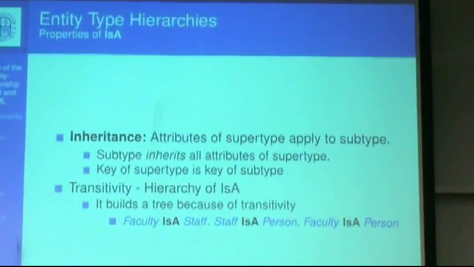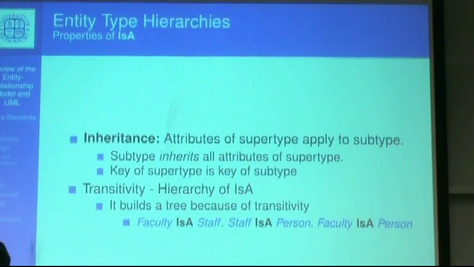If a faculty is a staff and a staff has a staff ID, then faculty should also have a staff ID. But the subclass can implement more attributes. For example, faculty could have a degree or a specialty, but the general staff, for example secretary, doesn't need to have a specialty.